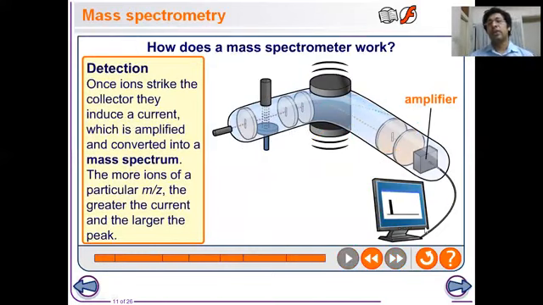As a result, on the computer screen, we can see the different bars of the isotopes. We will discuss more about these bars, which are shown in the graph, and analyze it in our next class.